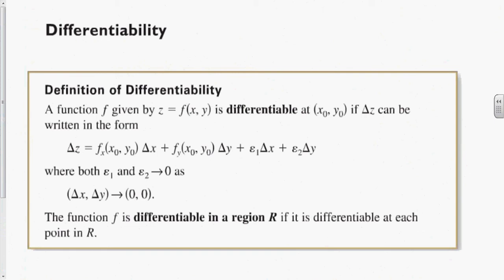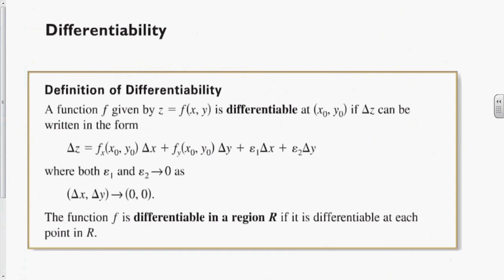What is epsilon 1, epsilon 2? We don't know. It has to be determined from the simplification of the increment, where both epsilon sub 1 and epsilon sub 2 go to 0 as delta x goes to 0 and as delta y goes to 0. In other words, can we force epsilon sub 1, epsilon sub 2 to go to 0 as delta x, delta y get closer and closer to the origin?